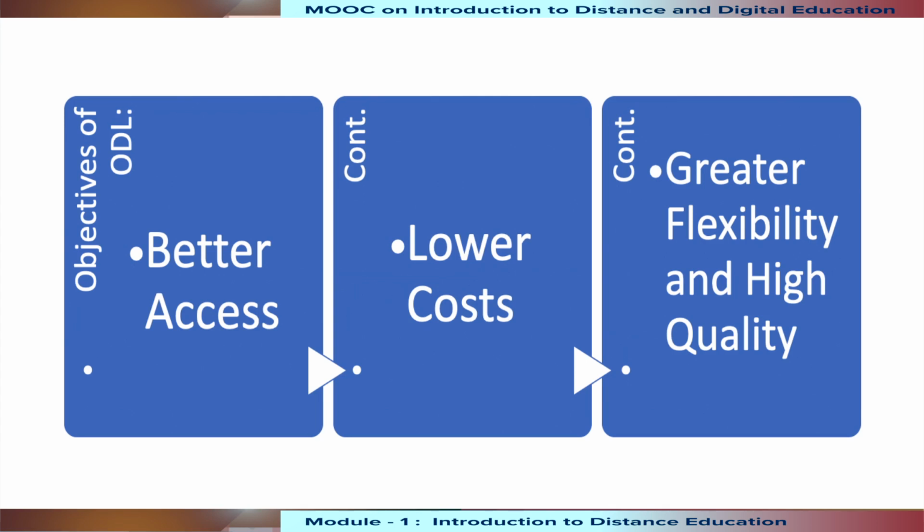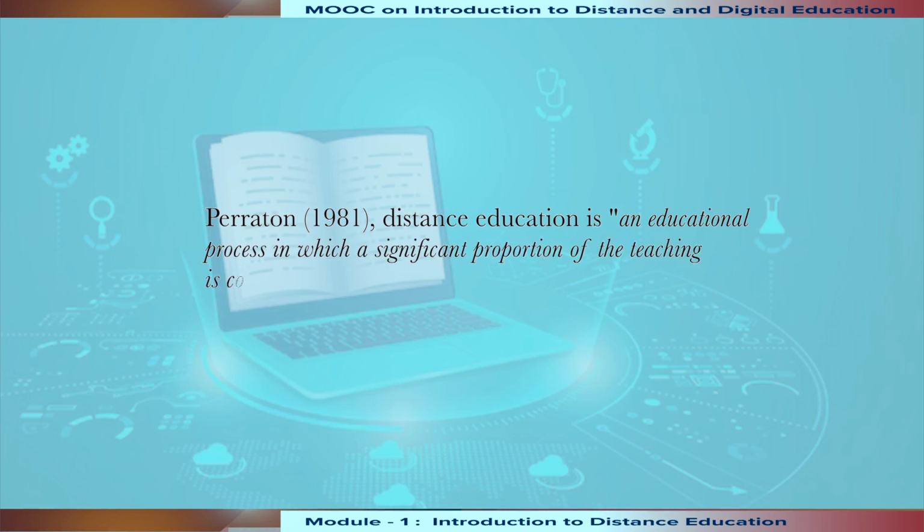Better access, lower cost, greater flexibility, high quality are some of the objectives of open and distance learning. In the words of Peters in 1981, distance education is an educational process in which a significant proportion of the teaching is conducted by someone removed in space or time from the learner.